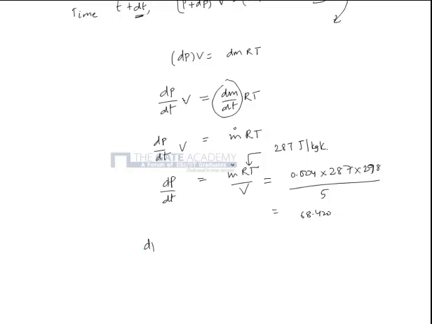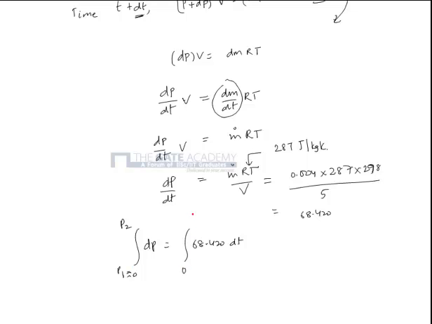So now dP, because I need to find out the pressure after 1 minute, so dP is nothing but 68.420, which is a constant, into dt. So I need to integrate between the limits P1 and P2. Now P1 is 0 because initially there is vacuum, and P2 is something which I want to find.